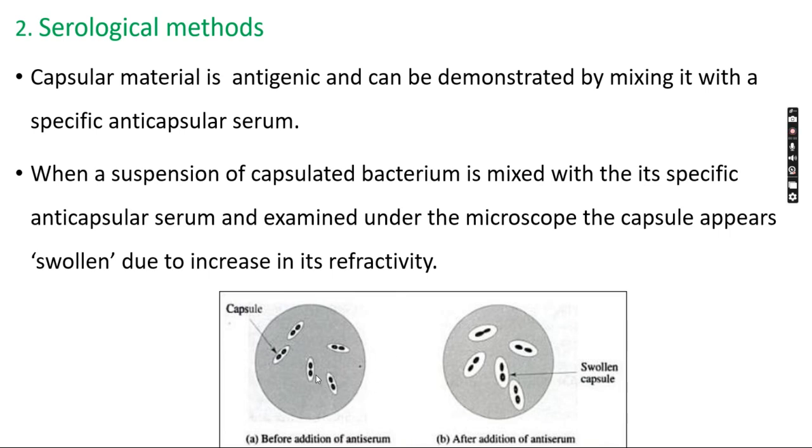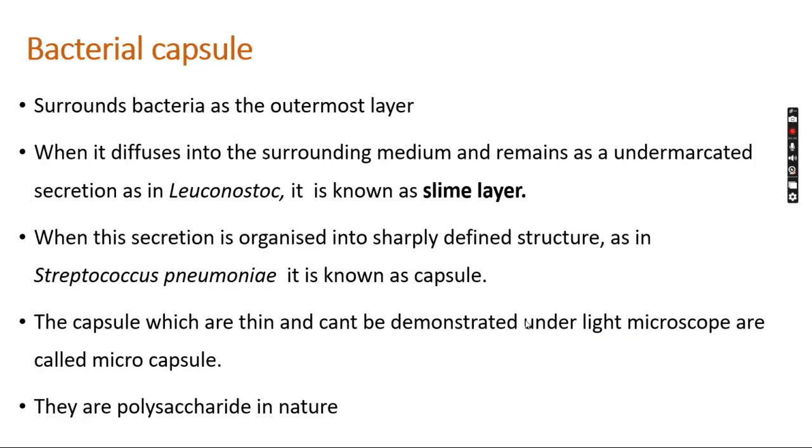Capsulated bacteria are mixed with the antisera, which is basically an antigen-antibody reaction. The antisera act on the capsule, so it swells and we can observe it under the microscope.